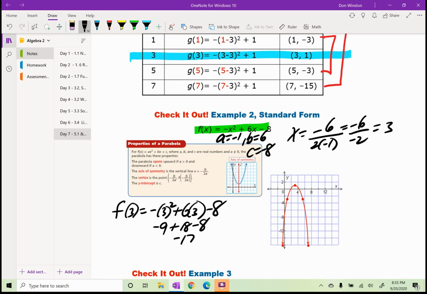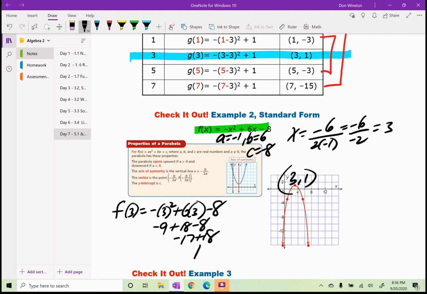So that's -17 plus 18, and that's 1. And you can see the vertex there. So my vertex is 3 and 1. The axis of symmetry, plus what we get when we substitute the axis of symmetry into the equation.